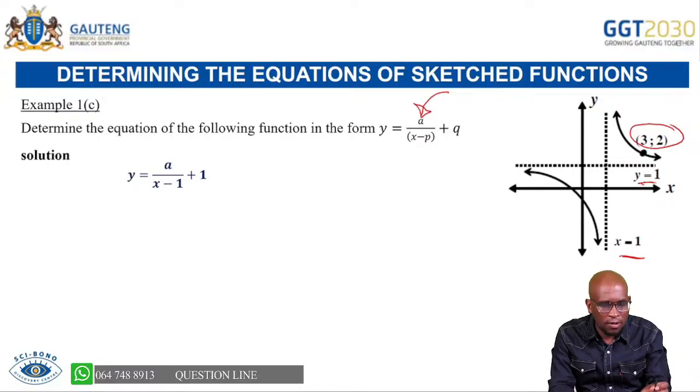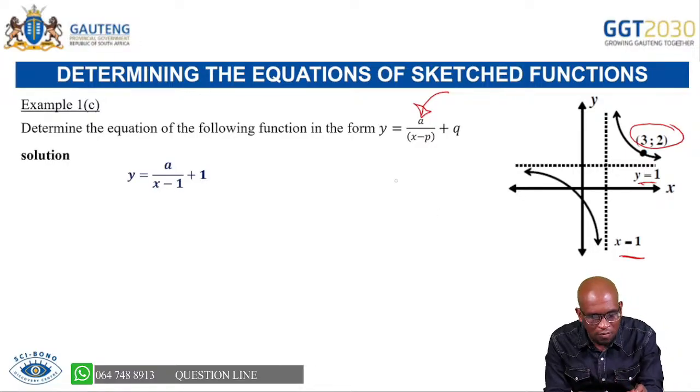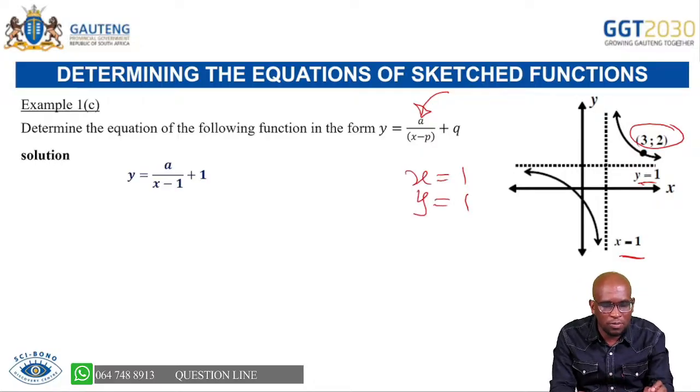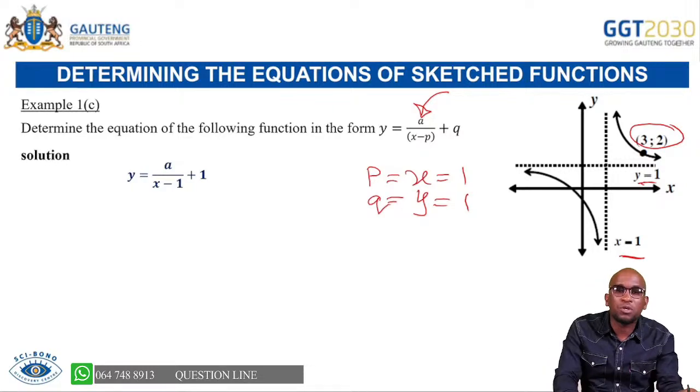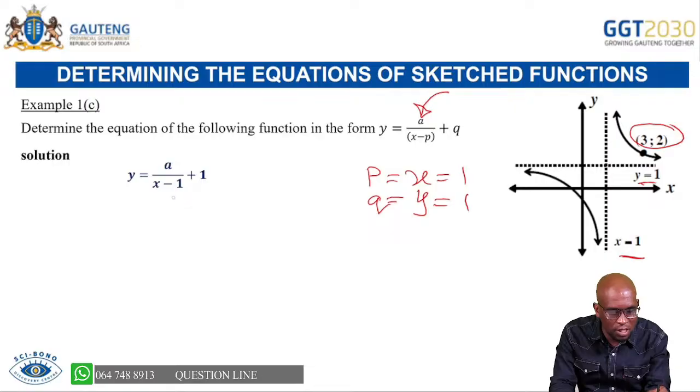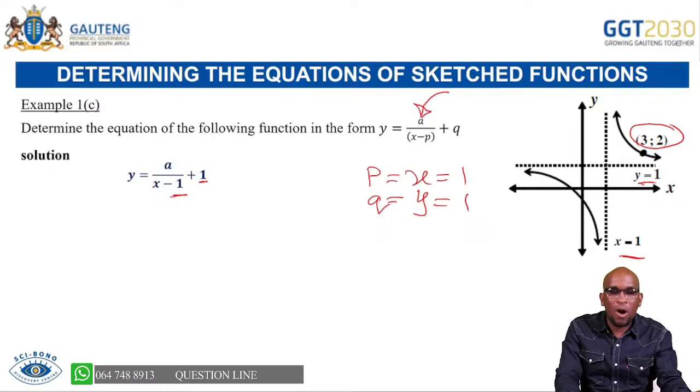First things first, we substitute the asymptotes, because we are given that x equals 1 and y equals 1. We know x is the same as p in this case, which is 1, and y is the same as q. So we've replaced p with 1 and q with 1 as well.